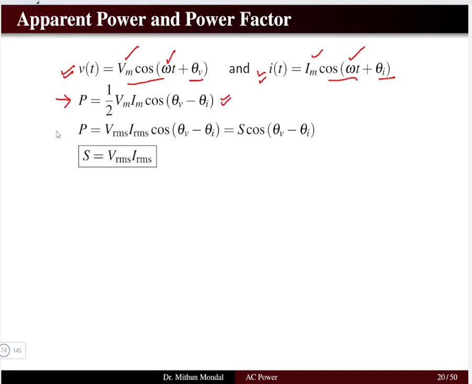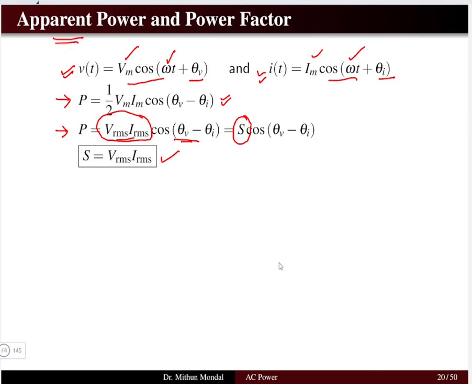We have also done one derivation that power is equal to Vrms into Irms into cos of the difference of the angle between the voltage and the current. Now one term we are going to introduce today is the product of the RMS voltage and current, which we can substitute as S. So S is equal to Vrms into Irms, and that is known as the apparent power.